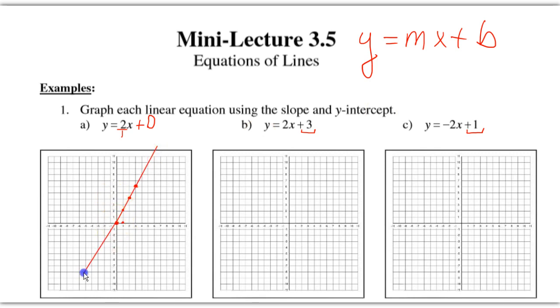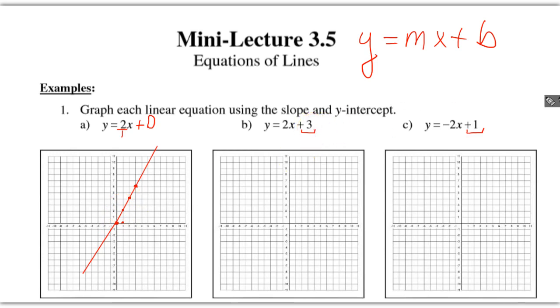And again, this is what MATLAB would be like, and that's what the graph y equals 2x would look like, where the y-intercept is 0, and then your slope is 2 over 1, so go over 1, it's positive, you go to the right, and then up 2.